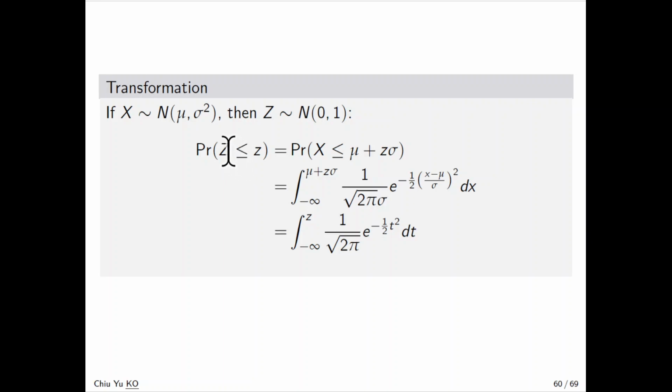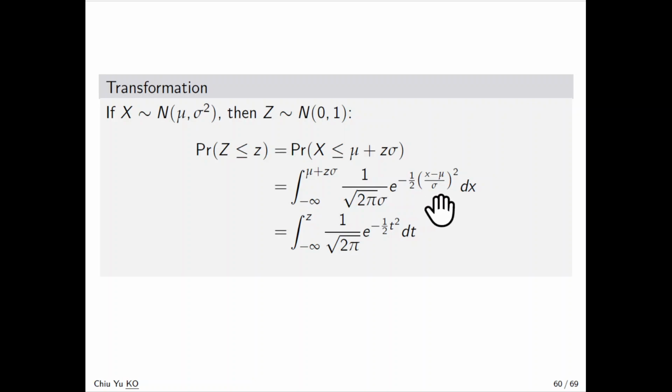We can multiply by sigma and add mu, and they become X, the same for both sides. So that's why X is equal to mu plus z sigma. And then this, by definition, is the integral from negative infinity up to mu plus z sigma. Okay, that is how we get this step.